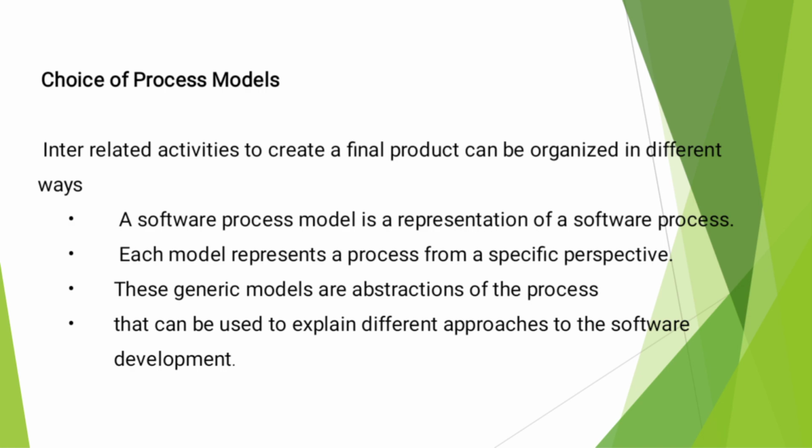The first one is the software process model. It is a representation of a software process. Each model represents a process from a specific perspective. These models are abstractions of the process that can be used to explain different approaches or different methods to the software development.